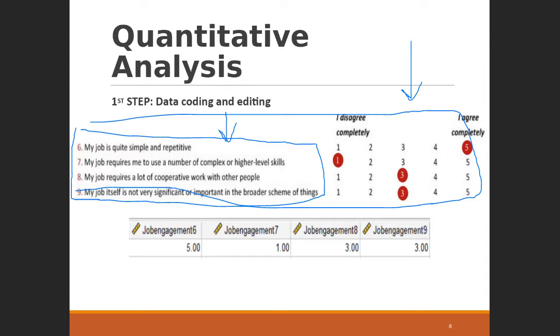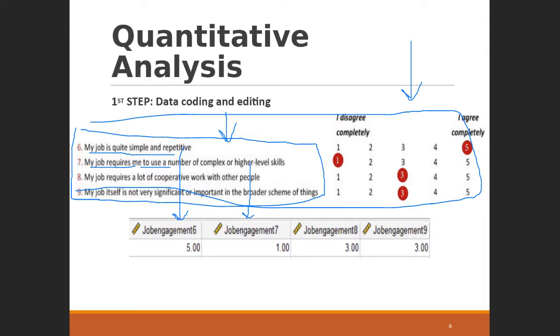So question number 6 of job engagement is, my job is quite simple and repetitive. So we have coded this question as job engagement 6. Okay. Question number 7 is that your job requires you to use a number of complex skills, and we have coded this question as job engagement 7.